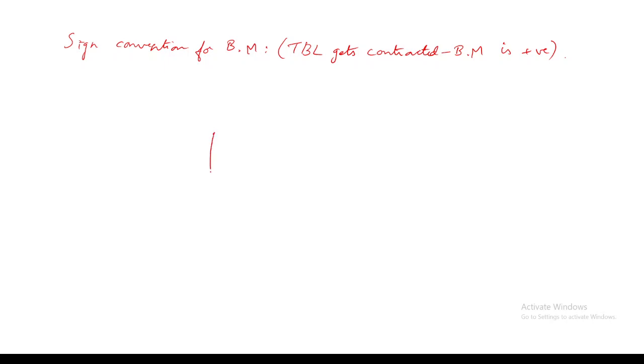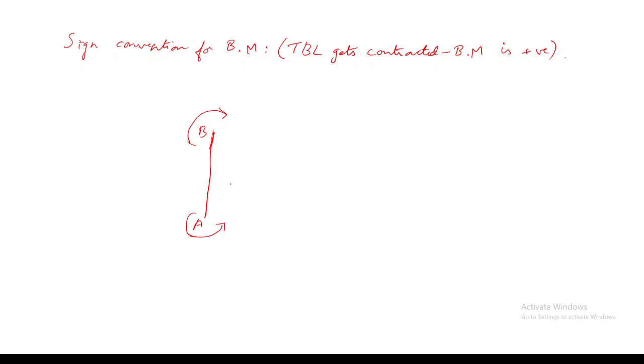If I have a beam like this, imagine this is a beam, and let's say this is point A and this is point B, okay? If I have a bending moment like this, then which surface actually gets contracted when viewing from the front?